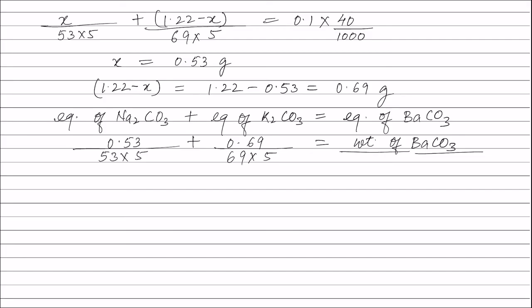Equivalent weight of barium carbonate is molecular weight of barium carbonate, that is 197, divided by valency factor of barium carbonate, that is 2. Solving this equation, weight of the precipitate of barium carbonate formed is equal to 0.394 grams.